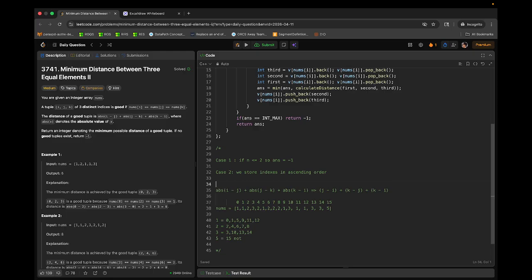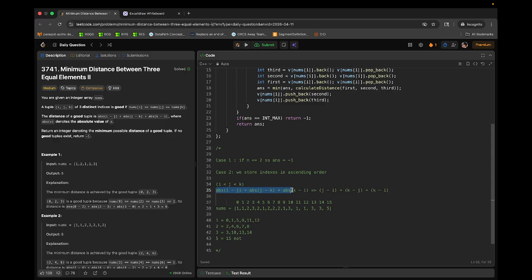We are picking any three indexes i, j, k, so they are guaranteed to be in this particular order. Let's say I pick this as i, this as j, and this as k. They will always be in order.